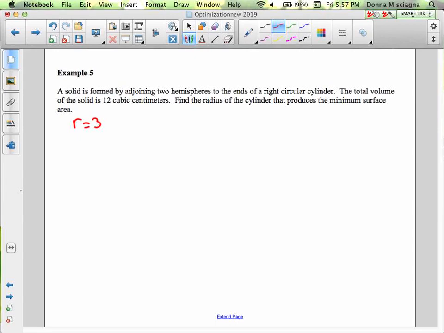We're only looking for the radius, so our radius equals 3, but we have to check using our second derivative. Evaluate using the second derivative.